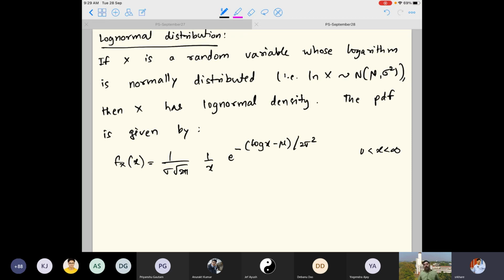Mu is any real number and sigma square is always positive, right? So this is the PDF. Again, this transformation you can do very quickly, and you can see what is really happening.